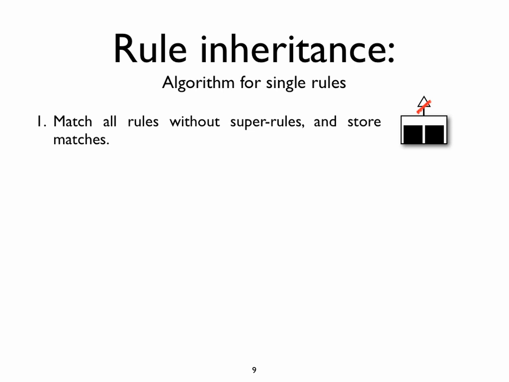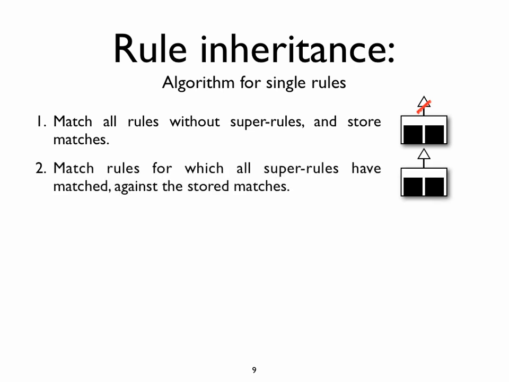The first step is to match all the rules that don't have any super rules. So that's a really simple case. Then we just store the matches for later use. So now we have each rule that triggered and then the tuple of input elements on which they triggered. Second step is to continue on that and match all the rules for which the super rules have got any matches. And we're actually matching on the previously matched data.